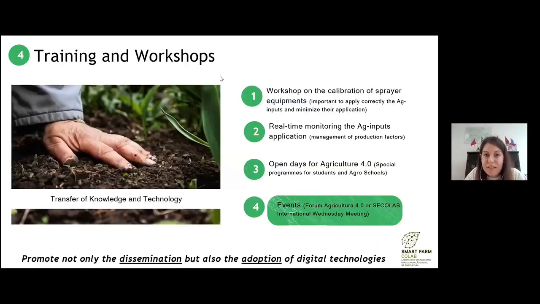So as I told before, these are some of the practical uses of different digital solutions, edge ones and their application in the field. But as I told in the beginning of my talk, we can get different digital approaches, but we need also not only to promote this dissemination, but guarantee the adoption of these digital technologies for different targets.